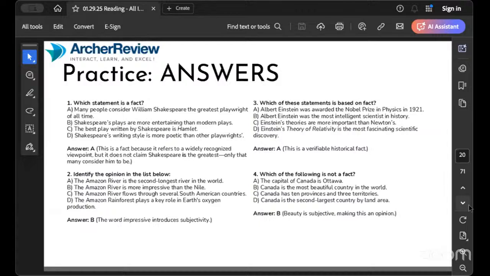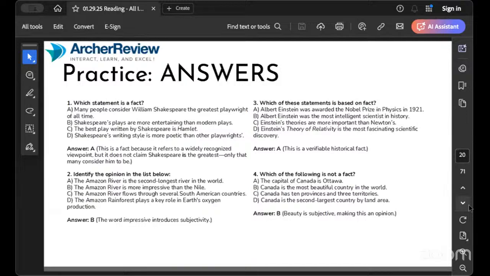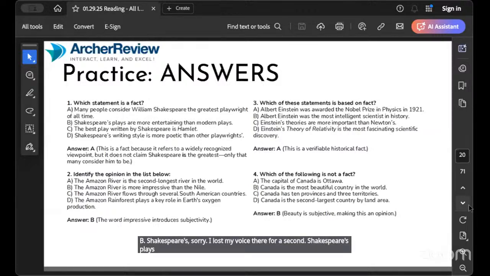Number 1. All right, so which statement is a fact? For number 1, A, many people consider William Shakespeare the greatest playwright of all time. B, Shakespeare's plays are more entertaining than modern plays.